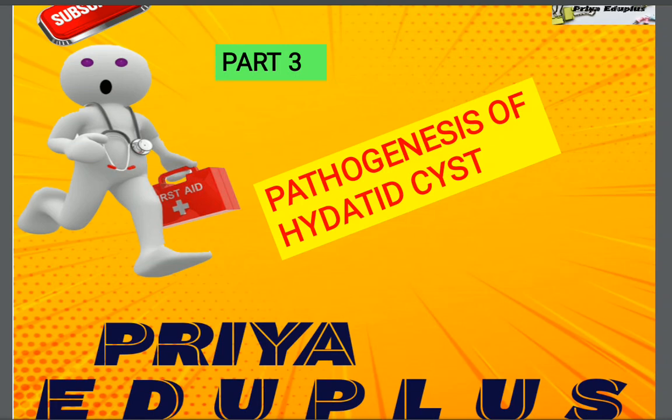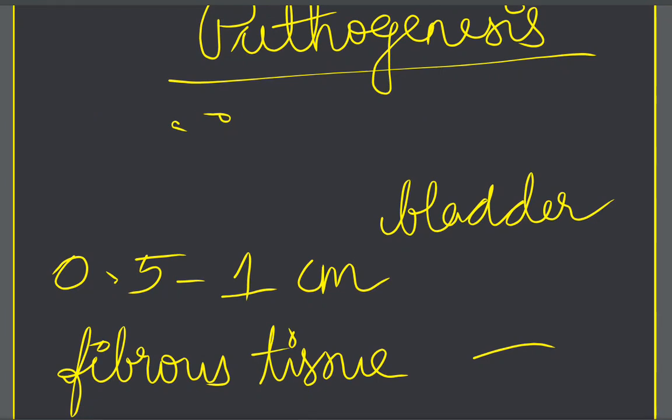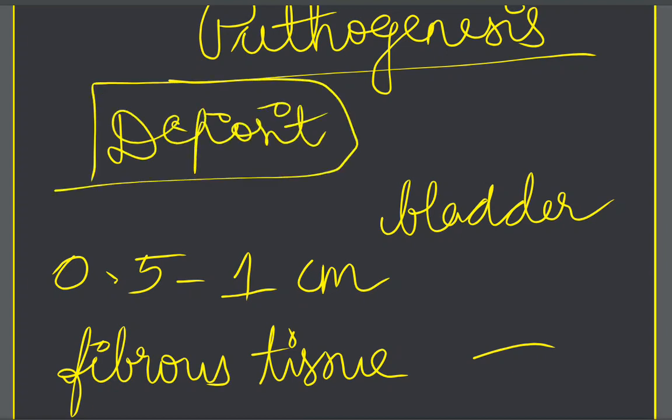Pathogenesis of Hydatid cyst. You can see how the evolution of Hydatid cyst has taken place. First, when the embryos get deposited at the hepatic sinusoids, the embryo develops slowly into a hollow bladder.